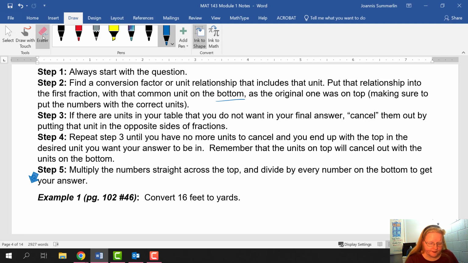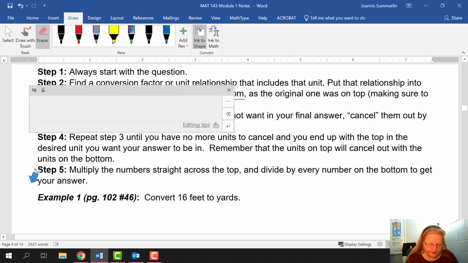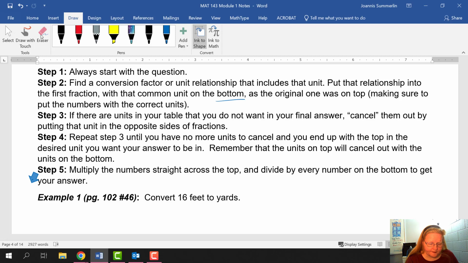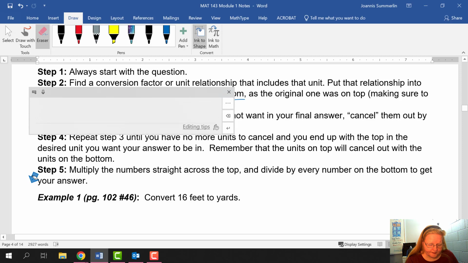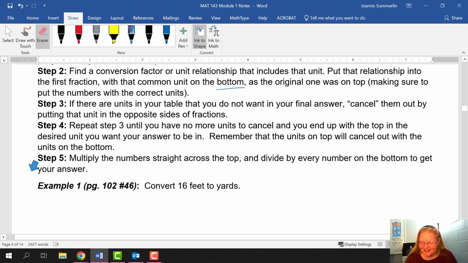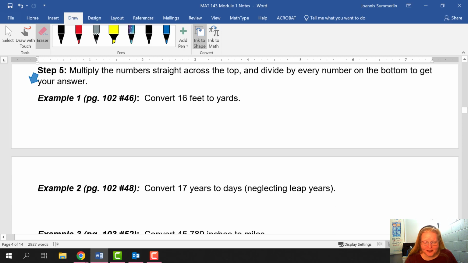Okay. It won't erase my little mark. Good to know. Did I mention this is a curve for me to learn too?